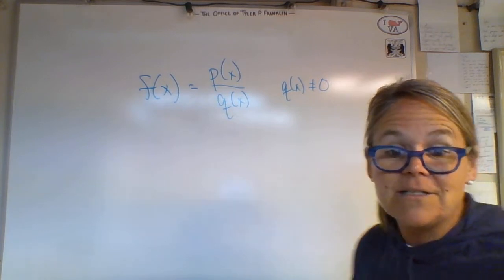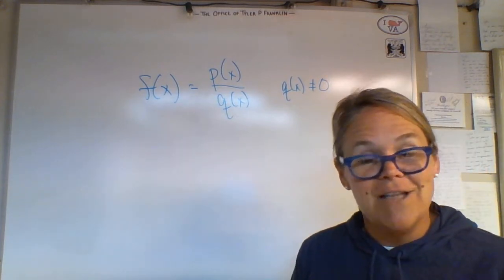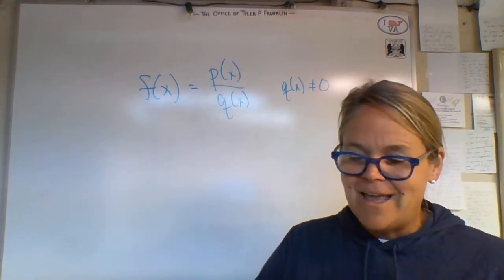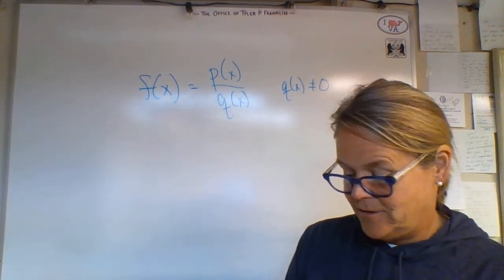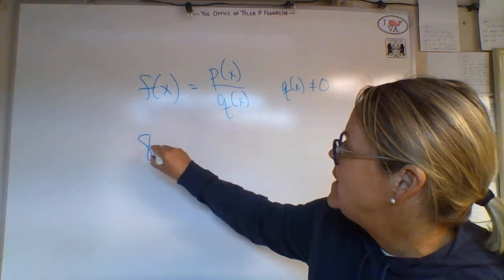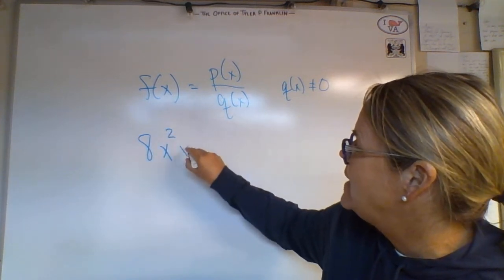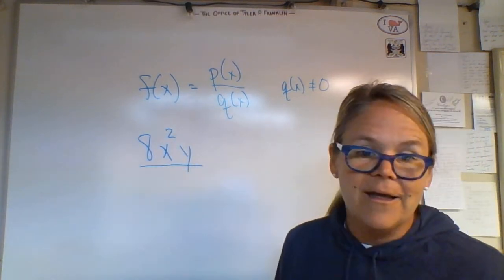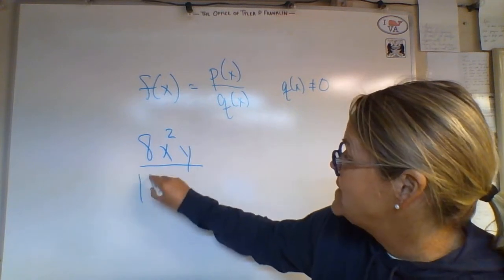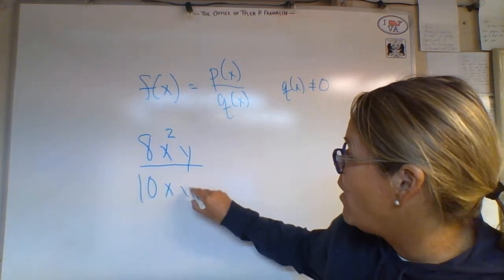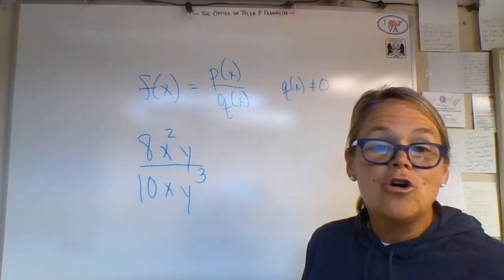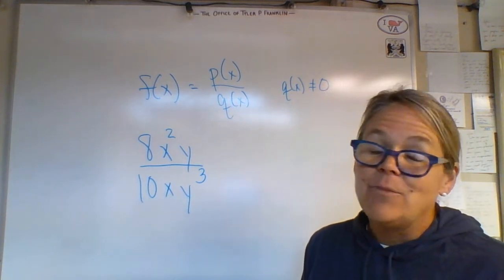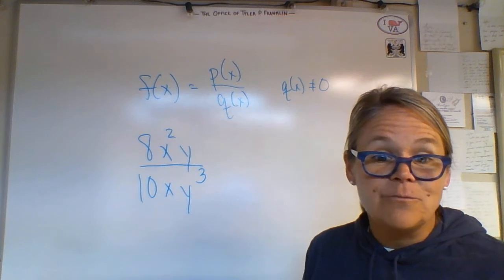I have to keep erasing since it's not a smart board, but you'll get the hang of it. We did something like this earlier this year, with 8x squared y divided by 10xy cubed. You couldn't factor there because there's no adding or subtracting.